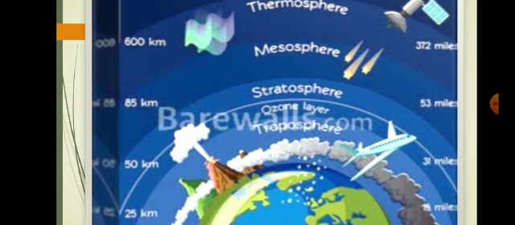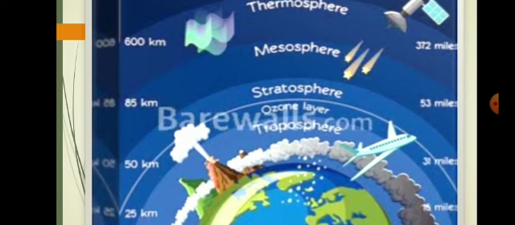It is divided into two parts, that is ionosphere and exosphere. Ionosphere reflects the radio signals back to the earth, thus making radio communications possible. Exosphere, the upper portion of the thermosphere, is called exosphere.